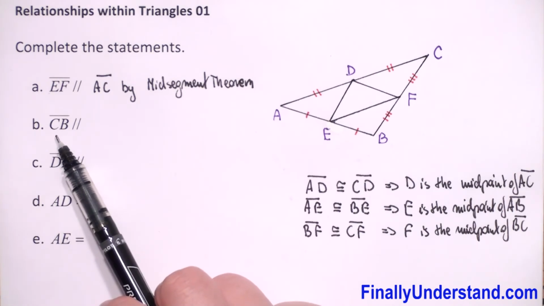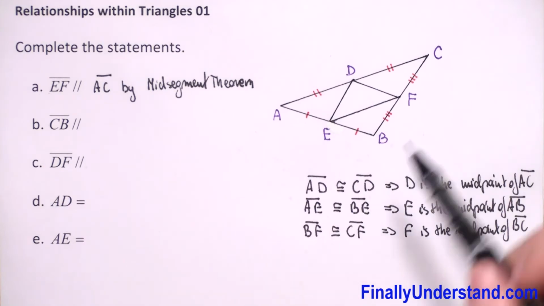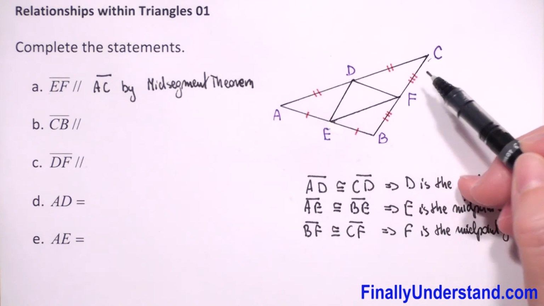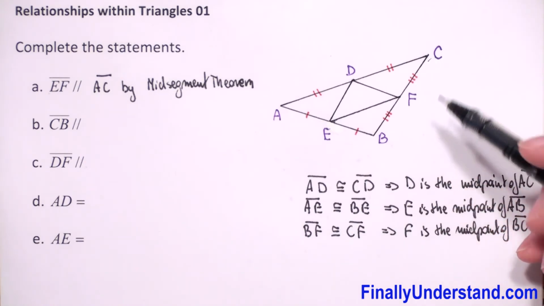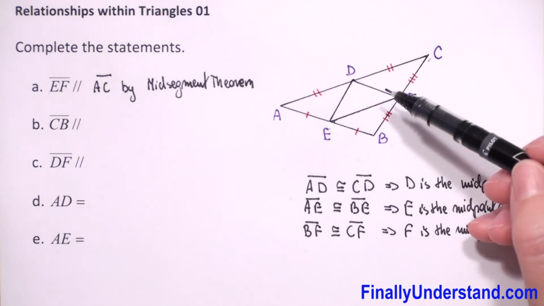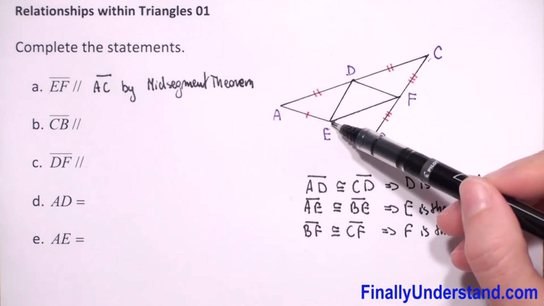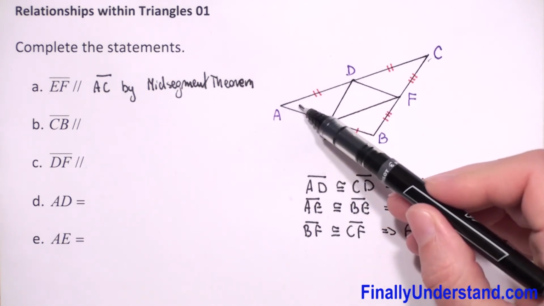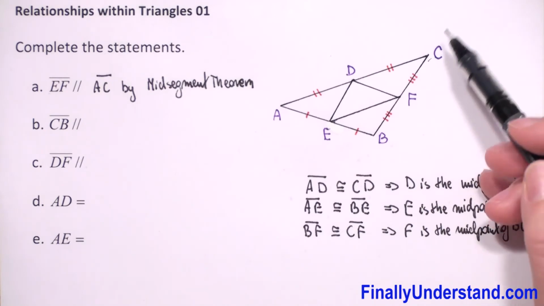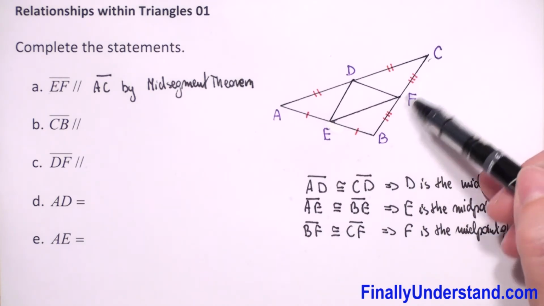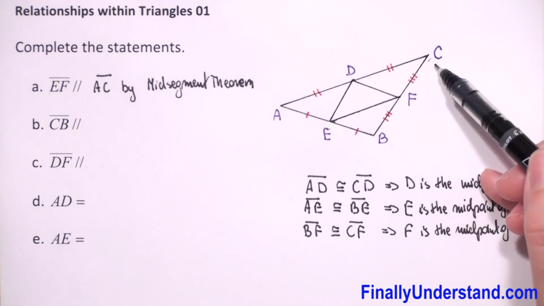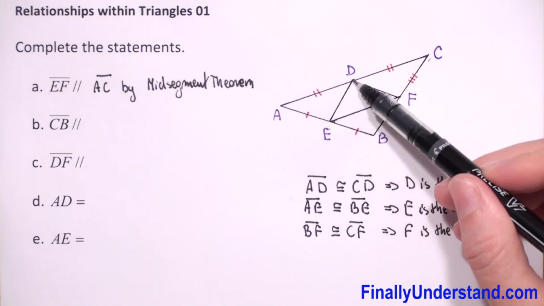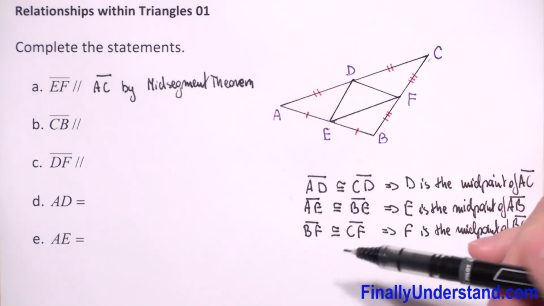So next question, we have to find to which segment CB segment is parallel. So again by the same theorem, because we have that E is the midpoint of AB segment and D is the midpoint of AC segment, it means that CB or BC segment, it is the same segment, is parallel to ED, or you can write DE, it is the same.